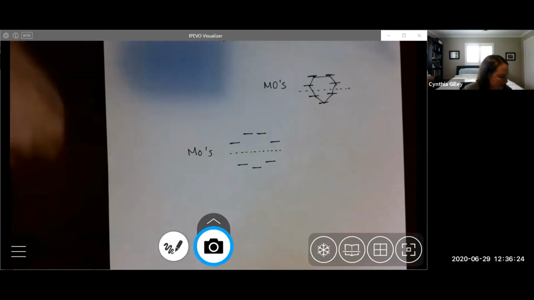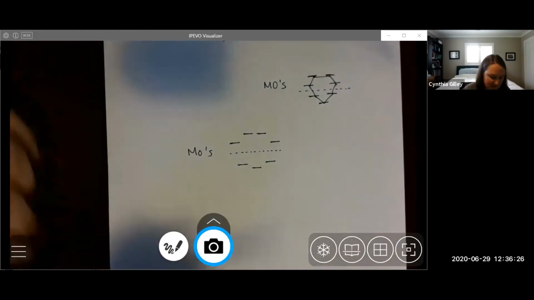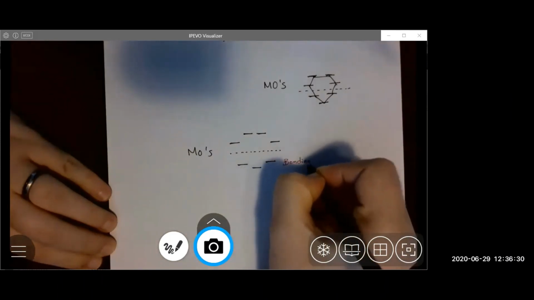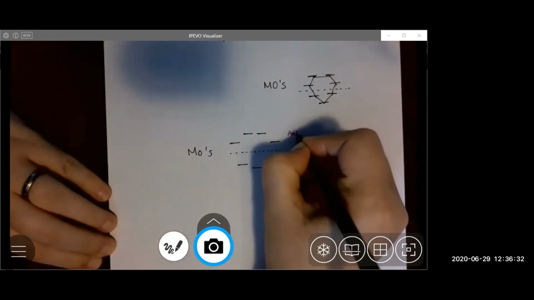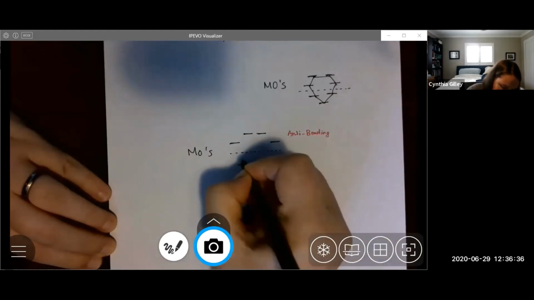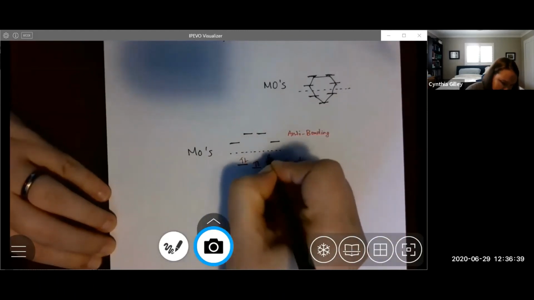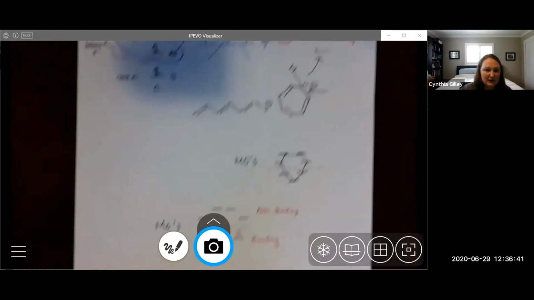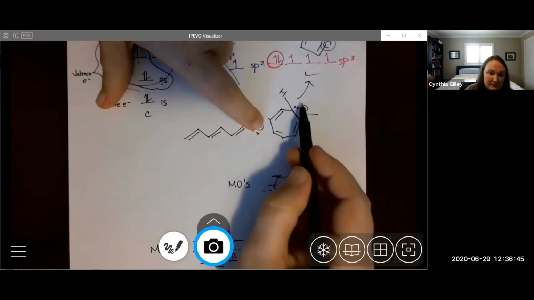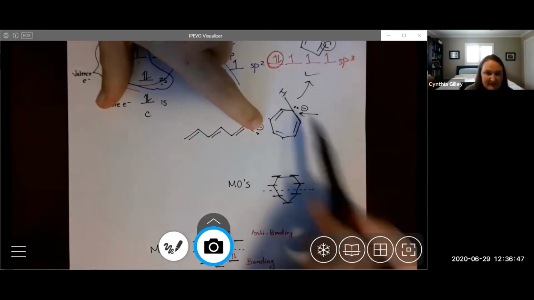How many electrons can I fit in these? These are bonding, and the bonding hold 6. Yes. Okay, so these are anti-bonding. So 6. Let's go back up here and look at how many electrons it has if this is in the p orbital. It has 8.